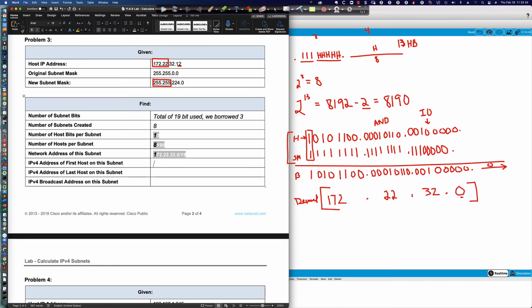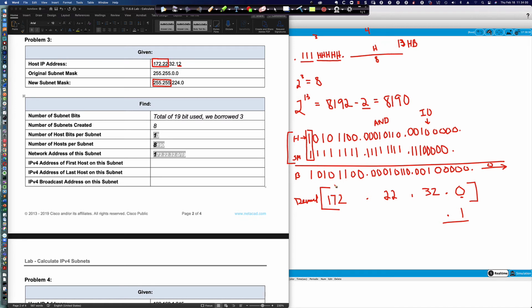So, IPv4 address of the first host on the subnet. Well, that's the easy one, right? Because we take a look and say, well, if that's the network ID, there's my first IP, 172.22.32.1. The challenge now is going to come up when we have to figure out the last IP and the broadcast address.